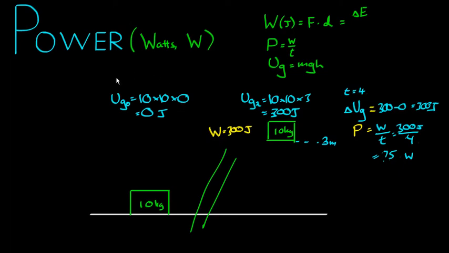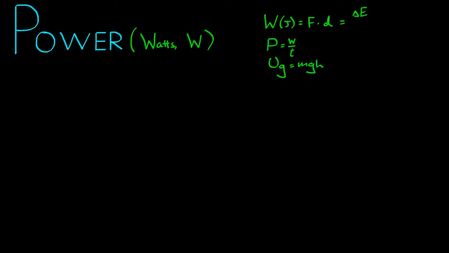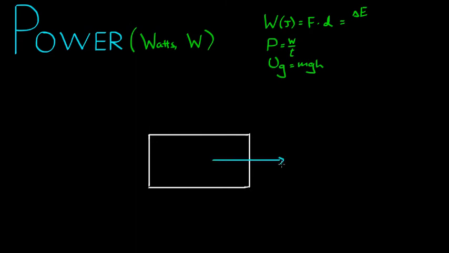Let's look at another type of question where we have, this time, a truck traveling at a constant speed, and we're going to figure out the power of its engine. So we'll say here, the velocity of the truck is 20 meters per second.